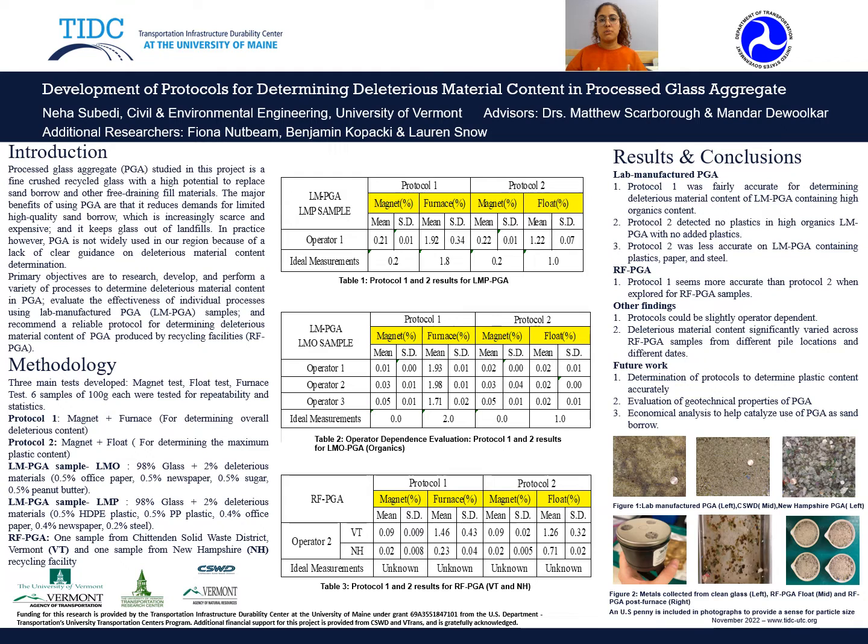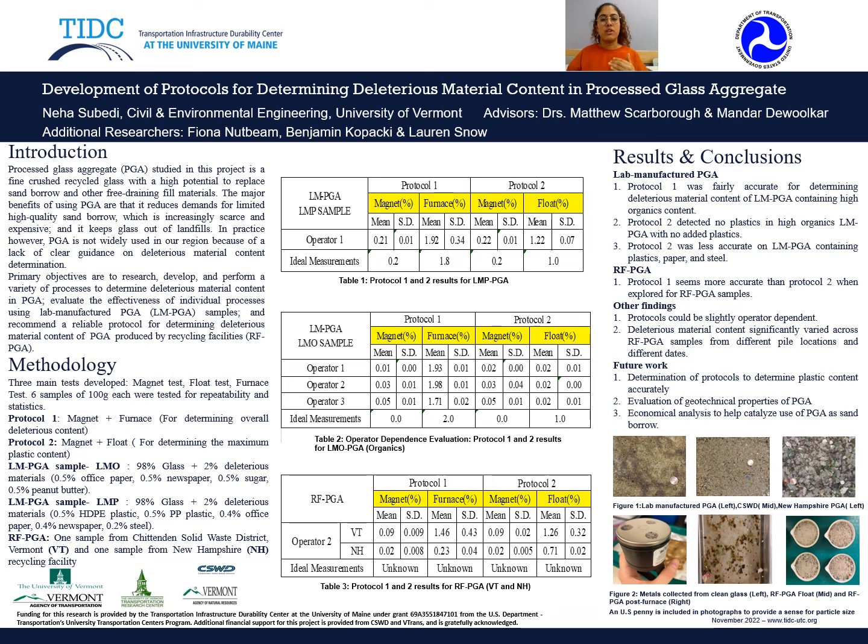Our main approach in determining the deleterious material contents in PGA was to determine the percent mass removal of deleterious materials from glass portion of PGA. Now, the deleterious materials in the PGAs that come from recycling facilities are unknown to us. So we manufactured our own PGA by crushing beer bottles, and we added known amounts of deleterious materials in them.